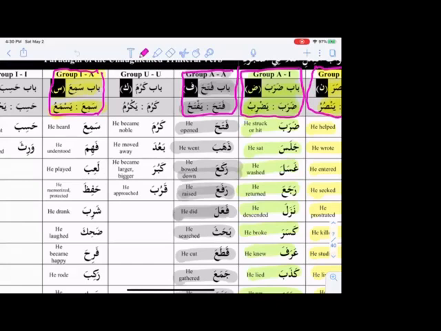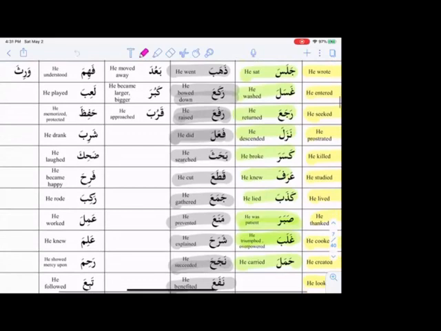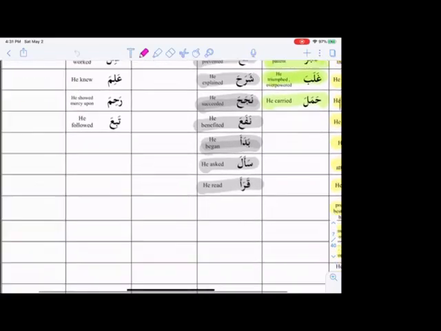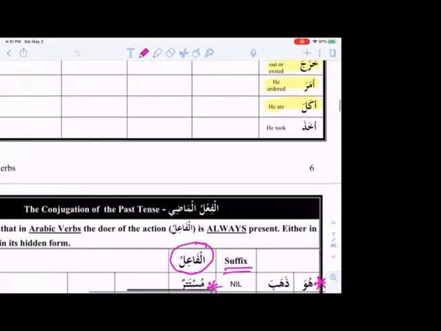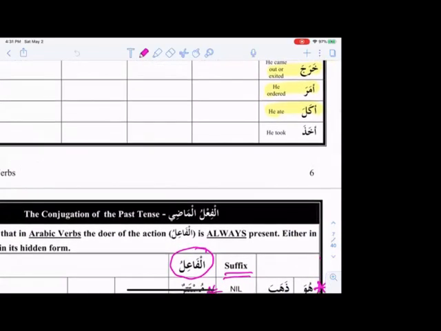Before, I used to say you should do 2 conjugations every week or every second day or something. Anyway, I want you to do 1 conjugation per day. Only Madi. I want you to become strong so that I can teach you Mudari'. Okay, my brother and sister? Page number, what was the page number? 6. Remember that in the handout.